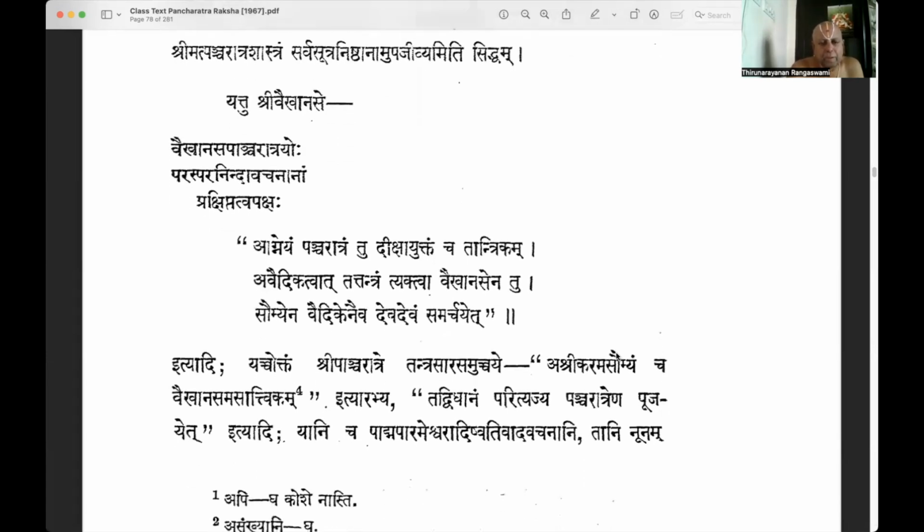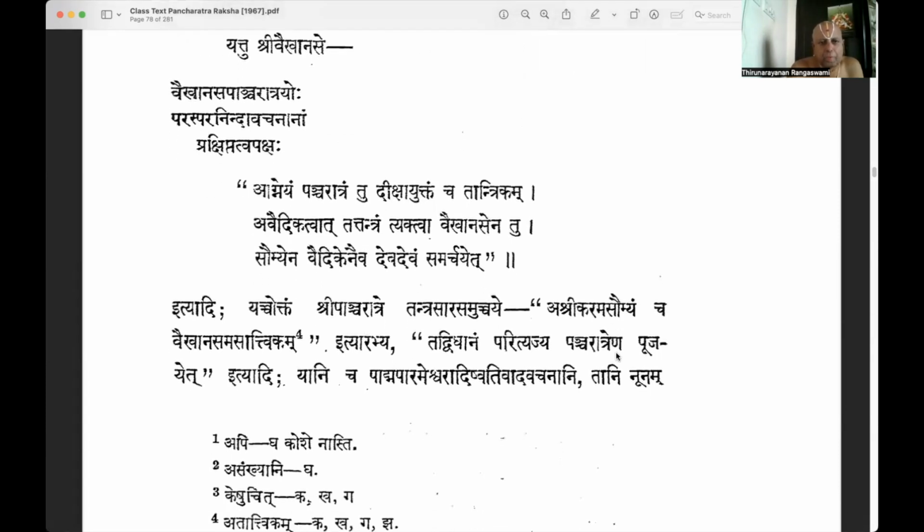So Yattu Sri Vaikhanase. Now the bold letters tell us the title: Vaikhanasa Pancharatrayoho Paraspara Nindavachanana Prakshiptatva Pakshaha. So now we are going to see how Pancharatra is different from the Vaikhanasa tradition. And if there is contradiction, I won't translate Ninda as censure, C-E-N-S-U-R-E, but as meaning opposed.